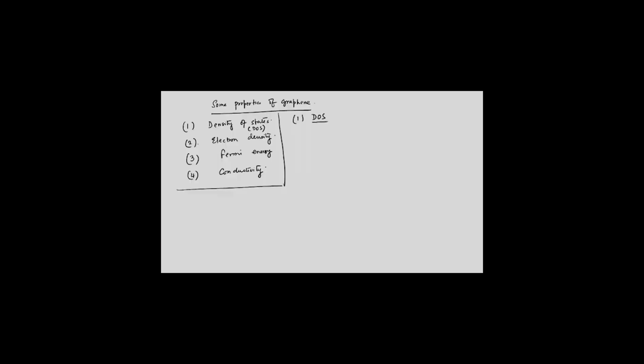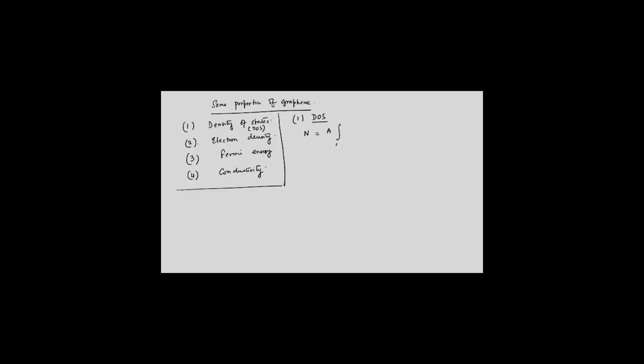And in order to do that, this is quite standard, you equate the total number of electrons and write it in terms of the density of states. Here, of course, we do not have a volume, but we have an area, and this is equal to the integral from 0 to some epsilon of rho epsilon prime d epsilon prime.